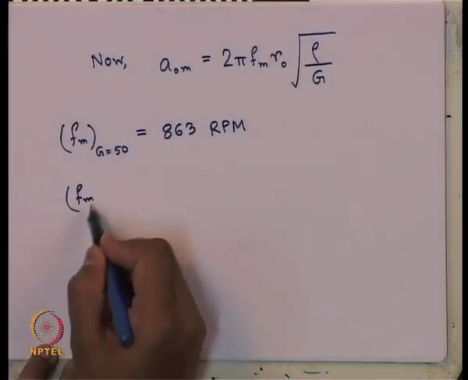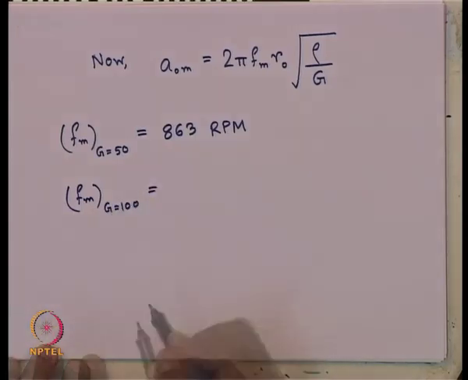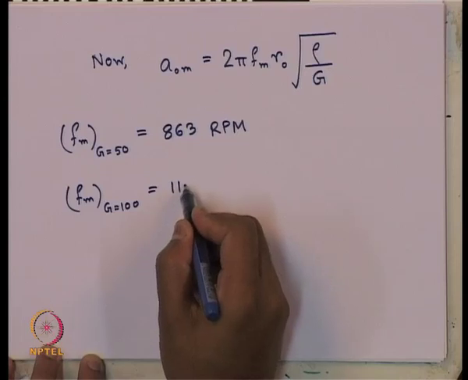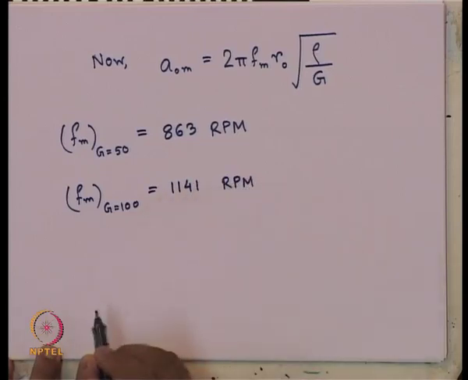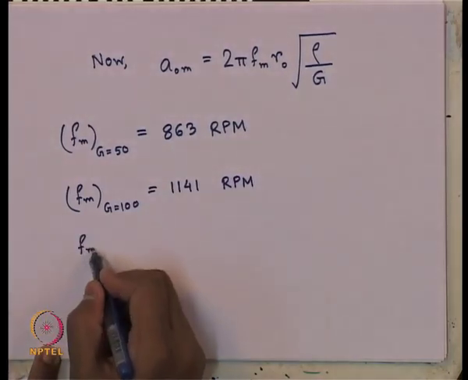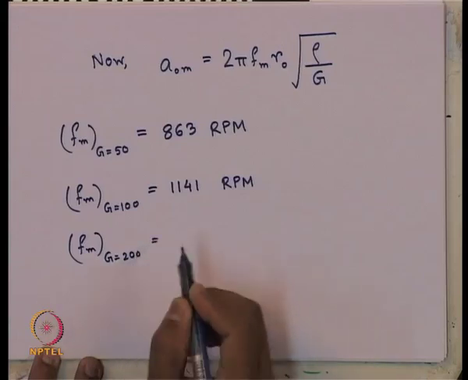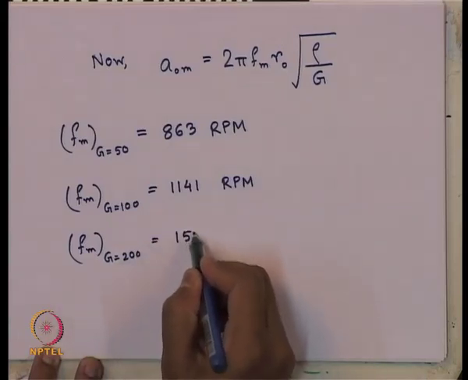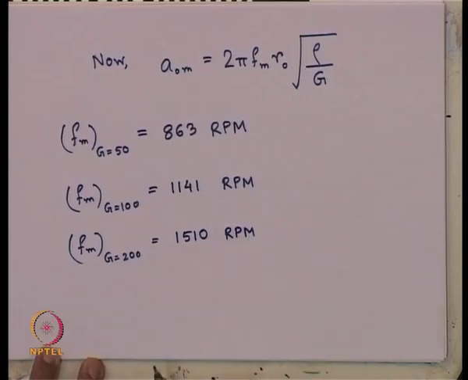Now, for the other 2 types of soil, f m with G equals to 100, if I calculate, I get this value, and for f m with G equals to 200, if I calculate, I am getting 1510 as RPM.